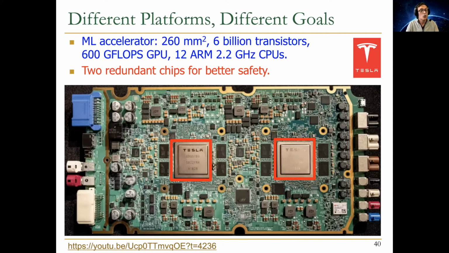That doesn't go well necessarily, but it does go well because the computing requirements of the workloads that they're running are so intense that they have to customize the hardware to the algorithms that they're deploying in the field. And they actually add other features like multiple chips operating together so that they can have better redundancy, better safety. And you can see some of the numbers over here.